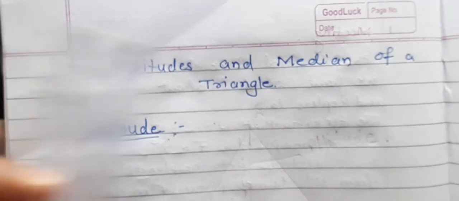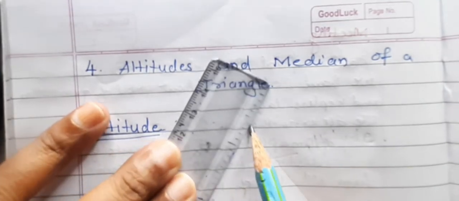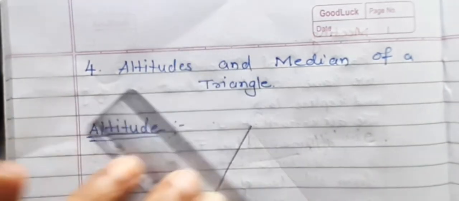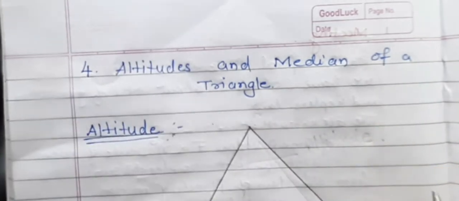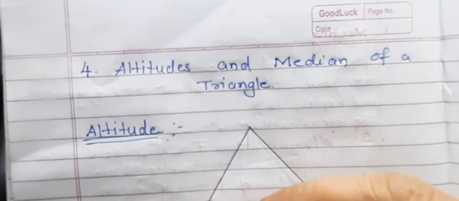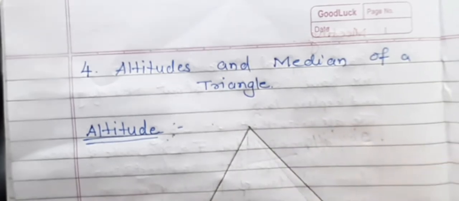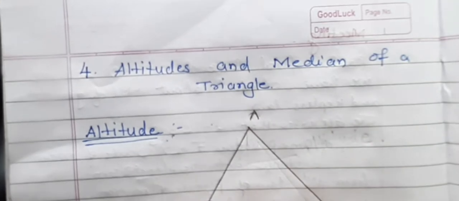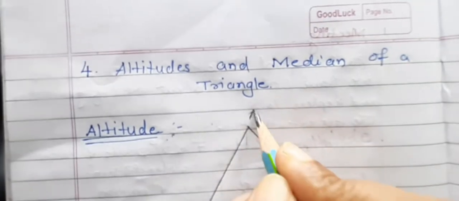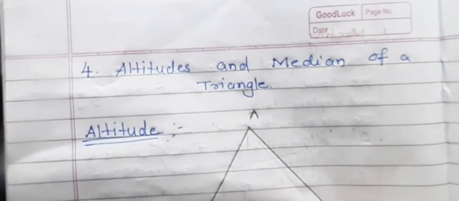With the help of the diagram we are going to see. So here I am drawing a triangle ABC. A is the opposite vertex to BC.